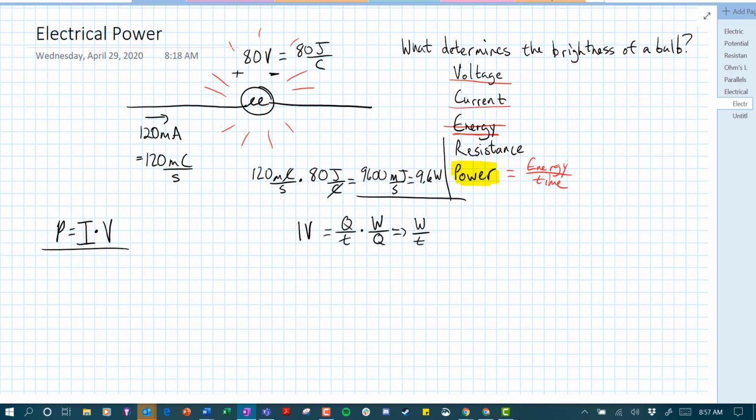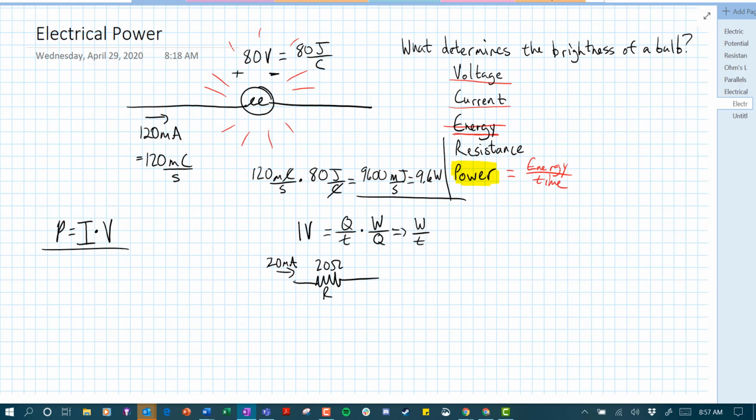However, we might not always be given the voltage. Maybe we're given the fact that we have a 20 ohm resistor and a certain amount of current, maybe 20 milliamps, running through it. Then we want to be able to write our power in terms of R and I. Well, what we can do is use Ohm's law.